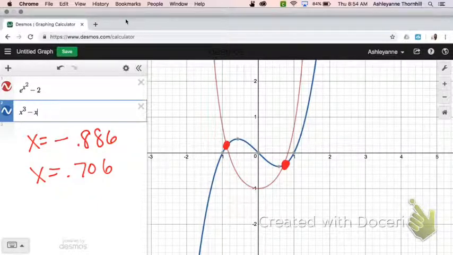The blue function is the stuff on the right, and the red function is the stuff on the left. So you can see a visual. I want this interval right here because it is below the blue, and it is less than or equal to. So it would just be negative 0.886 to 0.706.